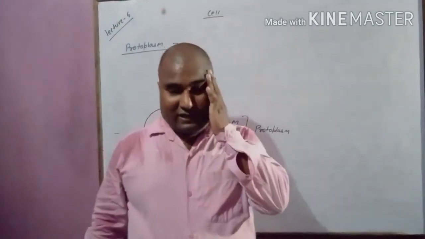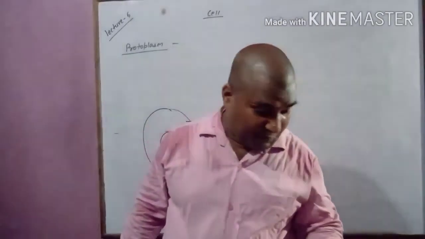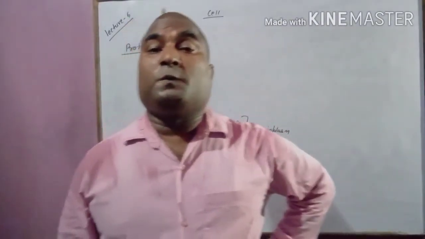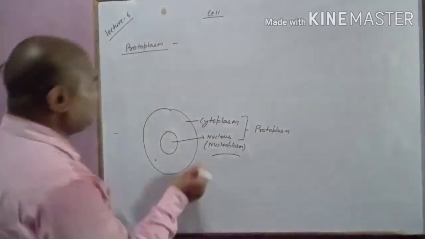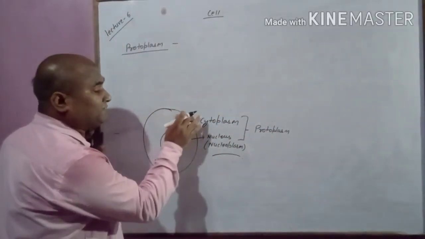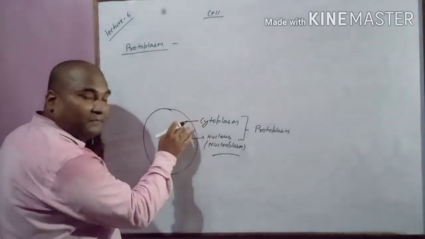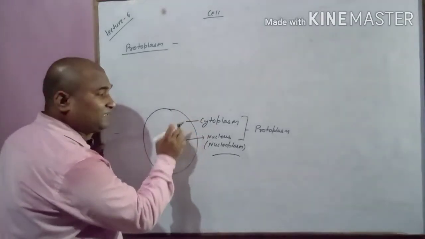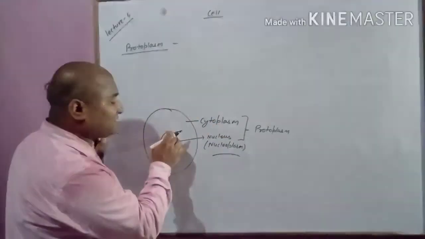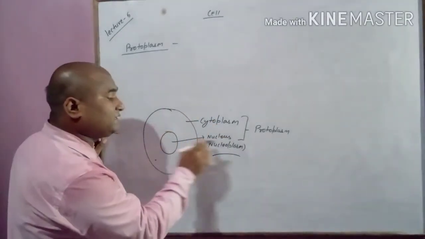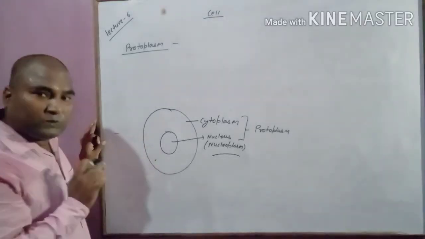One small thing that I have to explain to you all is protoplasm. Don't get confused. The fluid present inside the cell membrane and outside the nucleus is called cytoplasm, and the fluid present inside the nuclear membrane is called nucleoplasm.